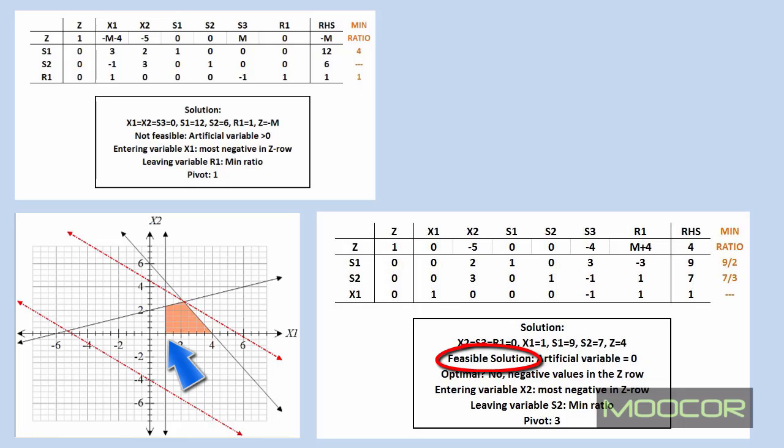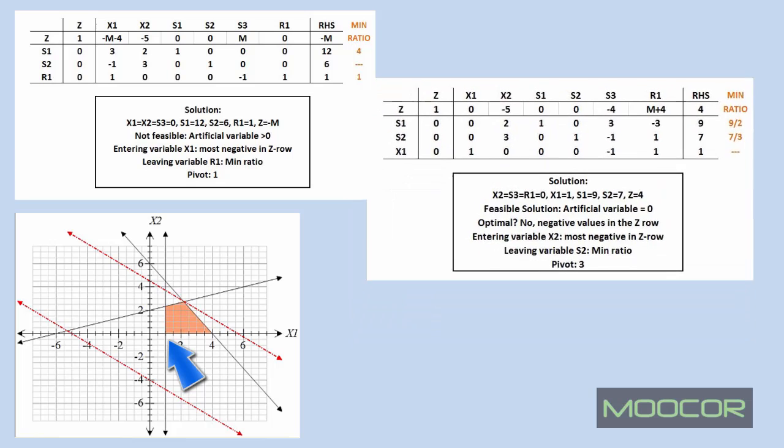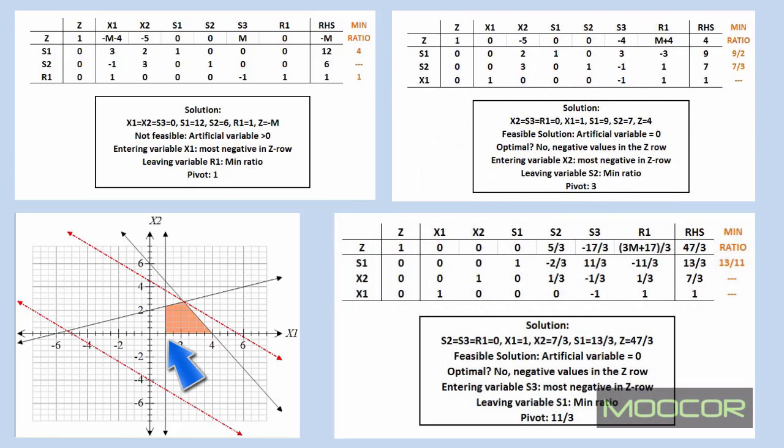I will continue performing the operations of the simplex method until I reach a new solution. This solution of S1, X2, and X1 is feasible, but it is still not optimal.